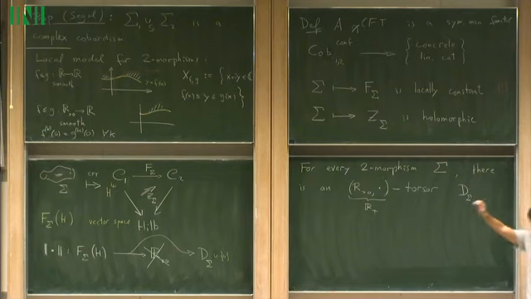If sigma is a closed surface, there's a thing that you can associate to every closed surface, which is called the determinant line. One of the possible ways of defining it is to say it's the top exterior power of H0 of the sheaf of holomorphic functions, tensor the dual of the top exterior power of H1.